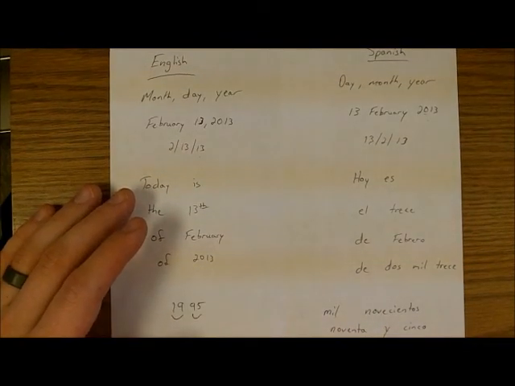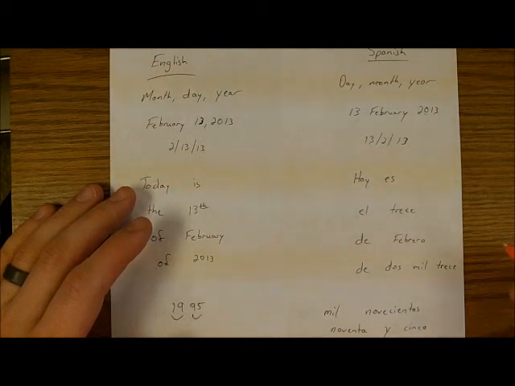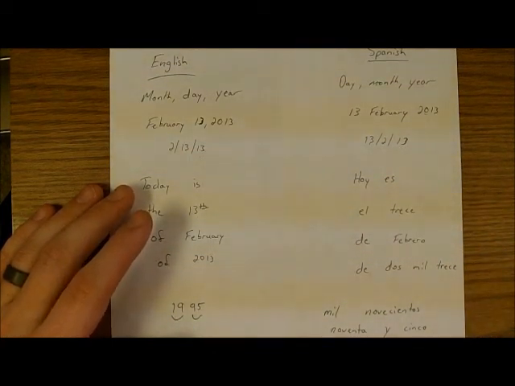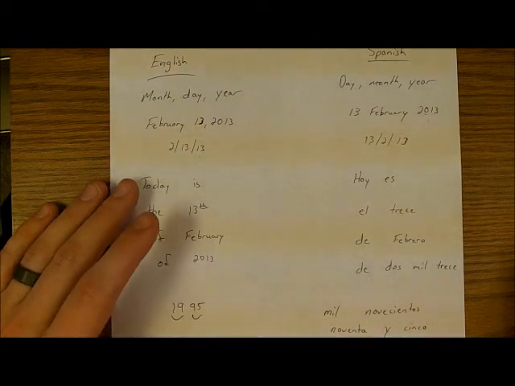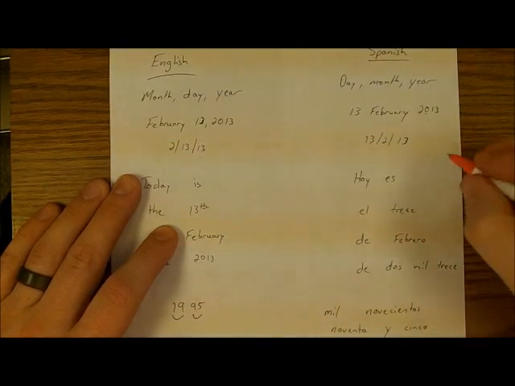Now let's say you wanted to be a little bit more fancy and include the day of the week. So instead of just saying hoy es el 13 de febrero de 2013, you want to say today is Wednesday, the 13th of February of 2013. All we're going to do is add the day of the week before the number.